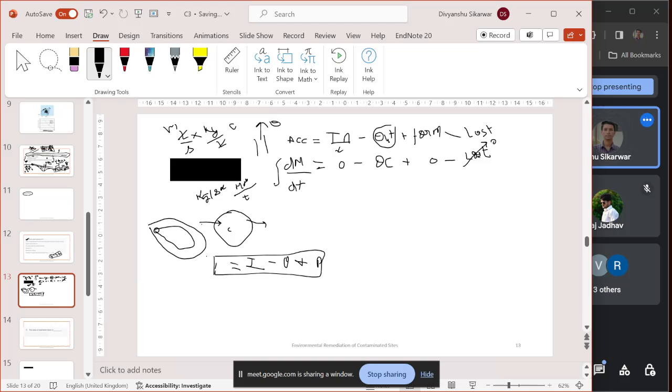So if we integrate it from 0 to t, we will get m at t time minus m at t equal to 0 equal to minus QCt.